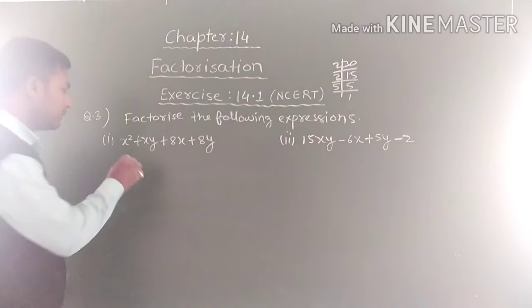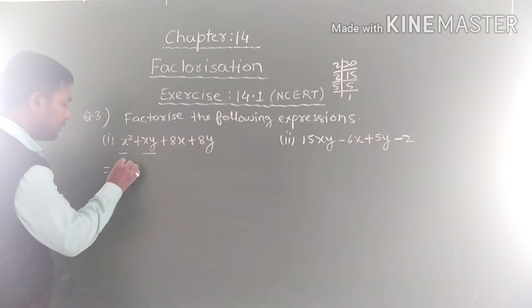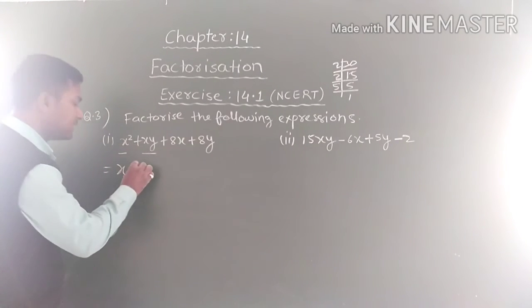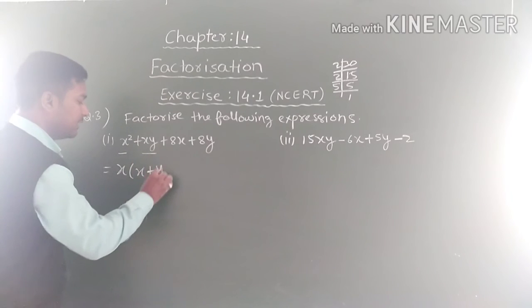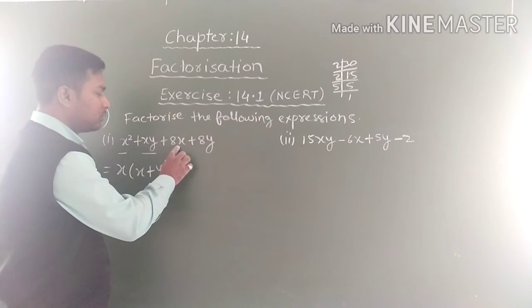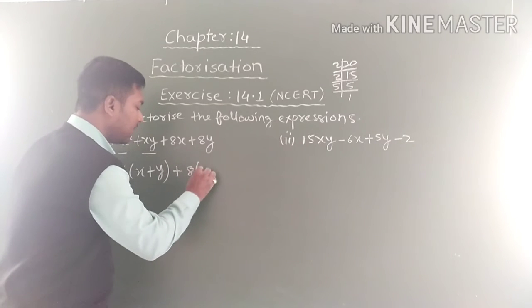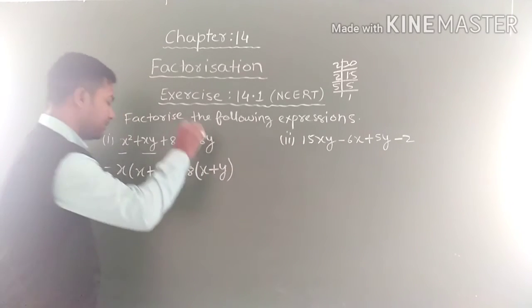So in the first two terms, take common. So x is common. What is left? x is left, plus this y is left. Similarly, in these two terms we have to take common. So 8 is common, so x plus y is left.